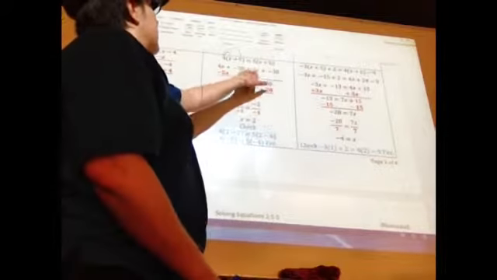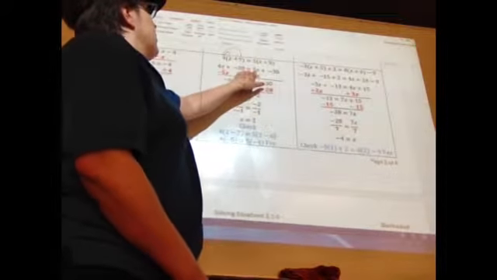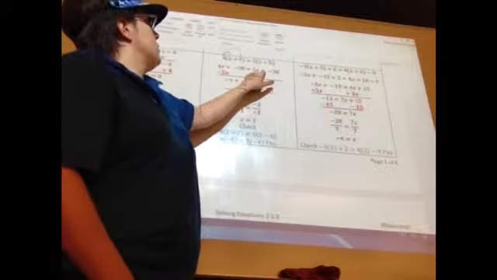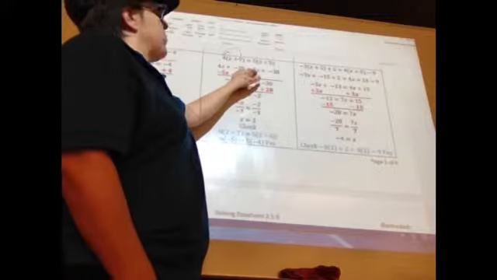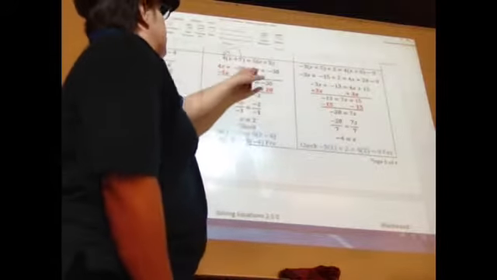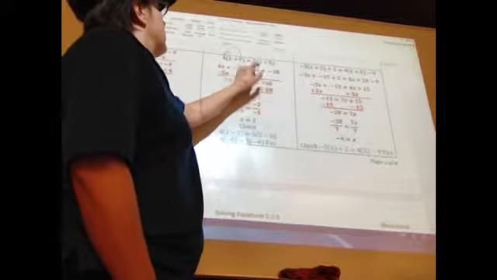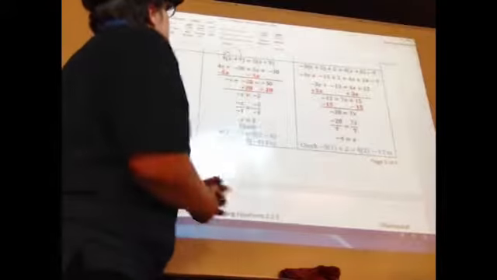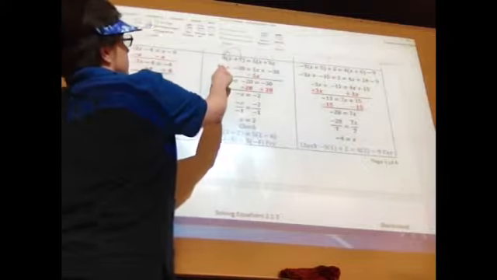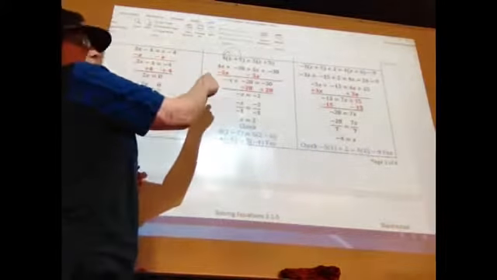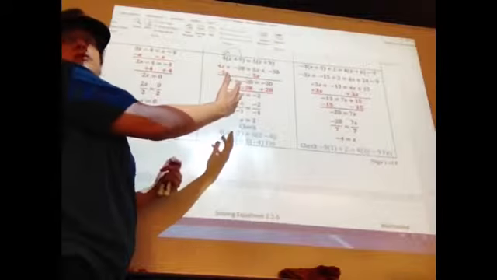So, the x's are all on the left, so I have to move this 5x. It's being added. And my algorithm says simply subtract it. Subtract whatever I have. So minus 5x. Do that to both sides of the equal sign. 4x minus 5x is minus x.